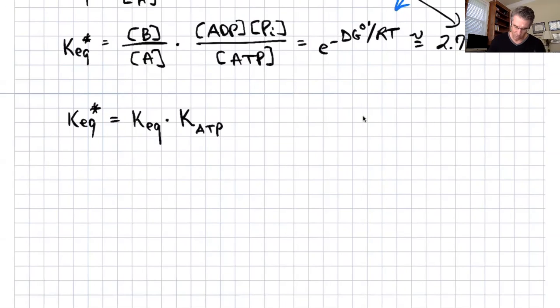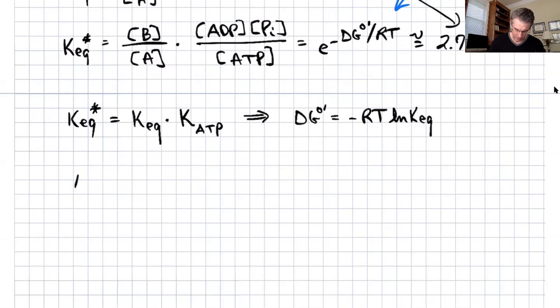And we know that the free energy at equilibrium for that coupled reaction, as we just talked about, would just be minus RT log of KEQ. But what if we're not at equilibrium? Living cells are not at equilibrium.